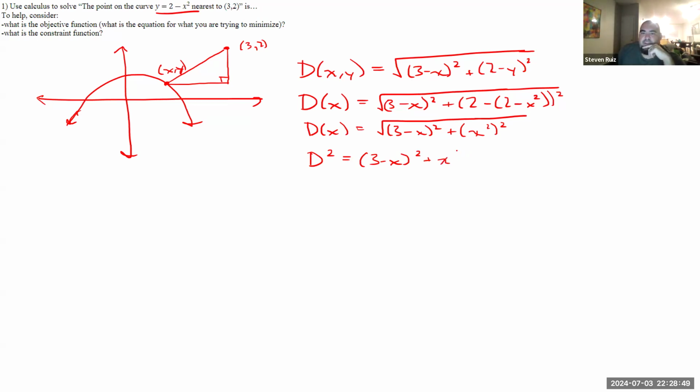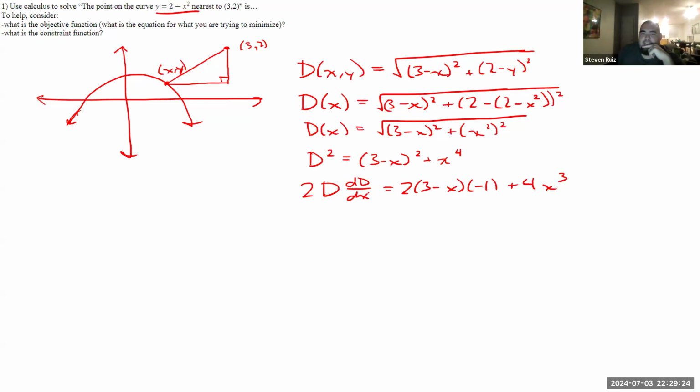So this is my objective function in only one variable, and I'm going to differentiate implicitly. So what's the derivative of d squared with respect to x? That's going to be 2d times dd/dx, which is the thing I'm eventually going to want to set equal to 0, equals 2 times (3 minus x) times -1 for chain rule plus 4x cubed.